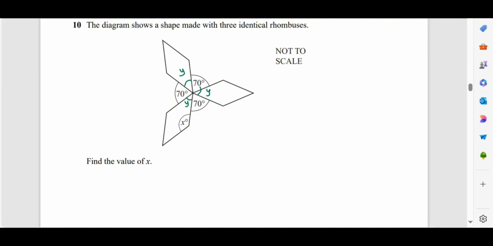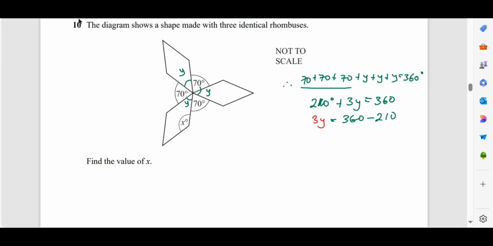Therefore, we have that 70 plus 70 plus 70 plus y plus y plus y is the sum of angles at a point. So that will give us 360 degrees. So these ones here will give us 210 degrees plus 3y equals 360 degrees.